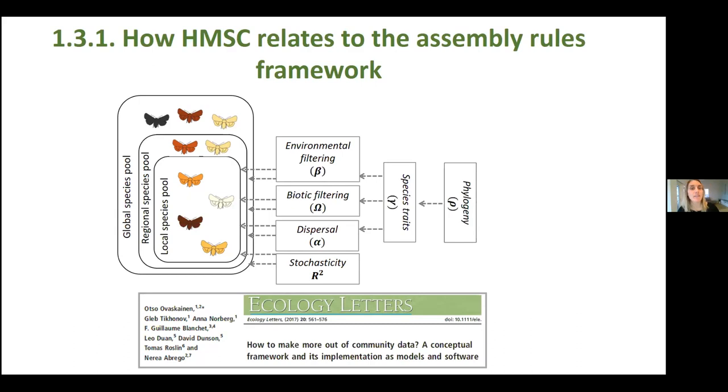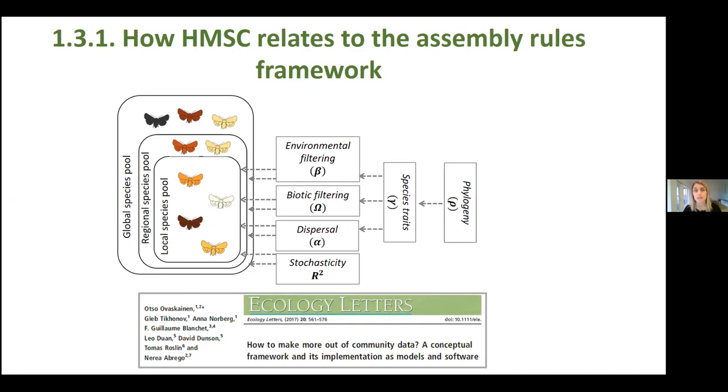But we can relate the different components of HMSC to these assembly processes, and thereby relate them to theory. For example, environmental filtering we capture through the so-called beta parameters that measure how the species respond to the environment.